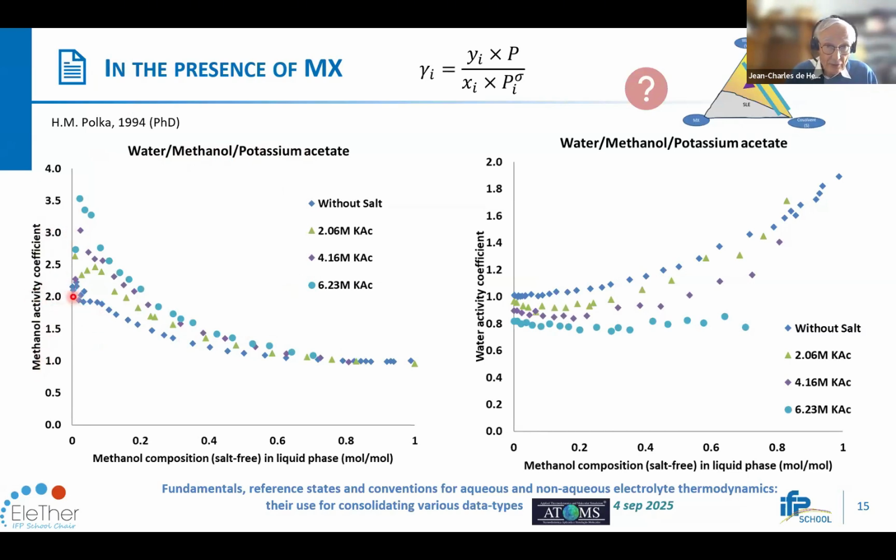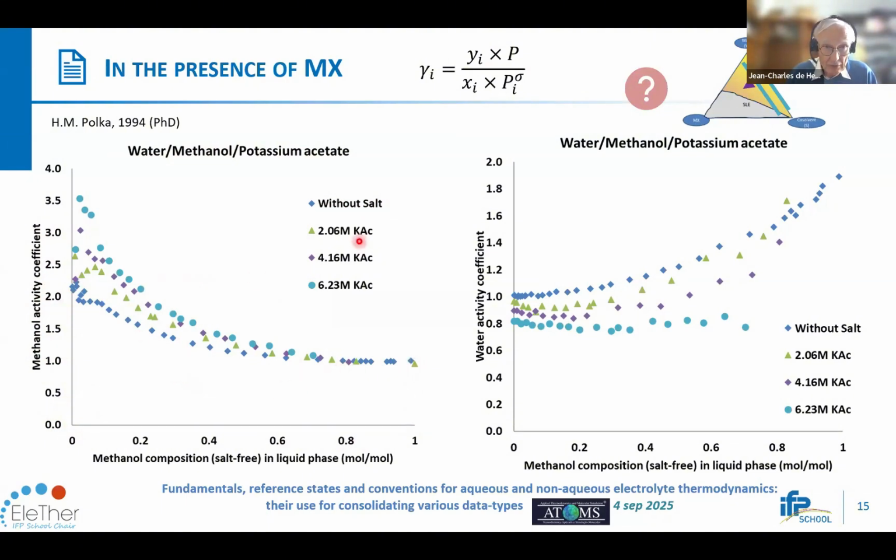The blue diamonds are without salt, in pure solvent. So you have the behavior that I just pointed to when you have little methanol in water. This is the methanol composition: on the right, you have pure water; on the left, pure methanol. When you have little methanol, you have an activity coefficient that is bigger than 1. And of course, when you go to pure methanol, you have an activity coefficient of 1.